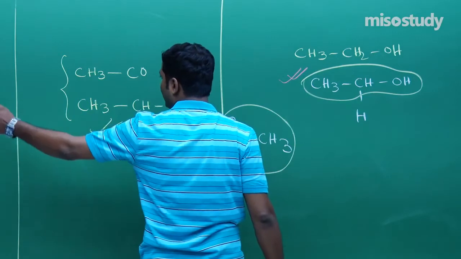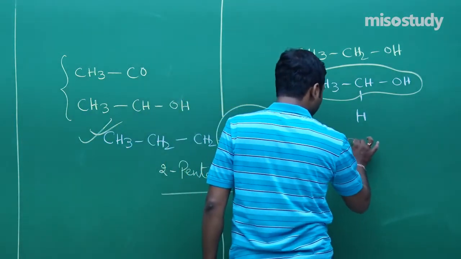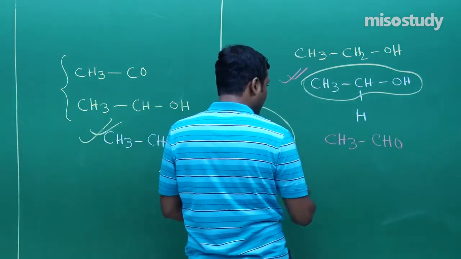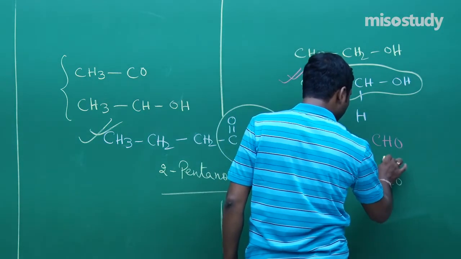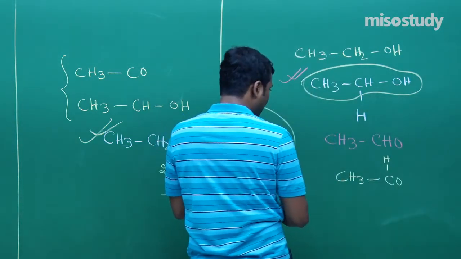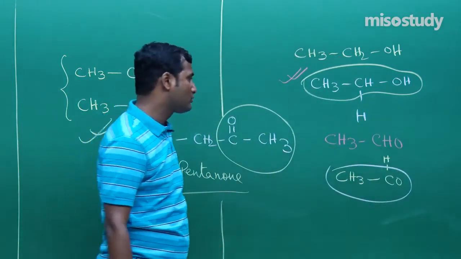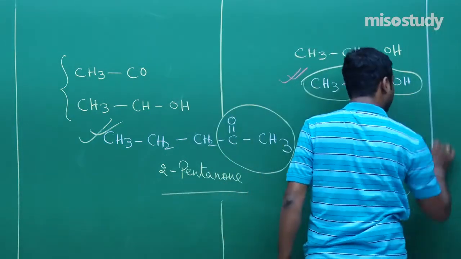Now the third option is CH3CHO. Clear? Now check it out. It can be written like this, CH3COH. Look at, it also contains the CH3CO linkage, so it will also give a positive iodoform test. Now moving here, check it out.